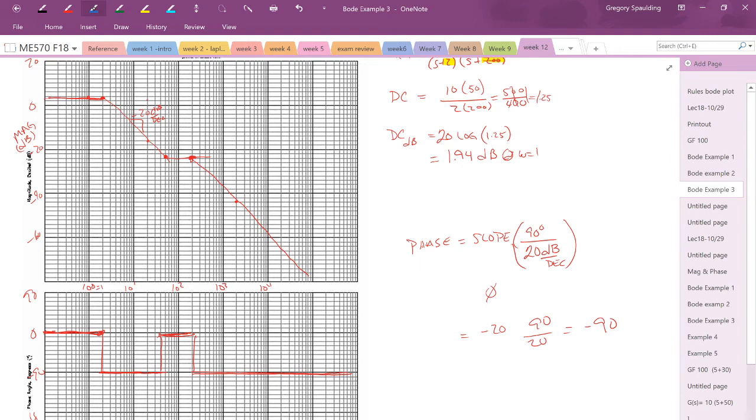And we remember from last time, it doesn't transition like this. It actually transitions over a decade before and a decade afterwards.